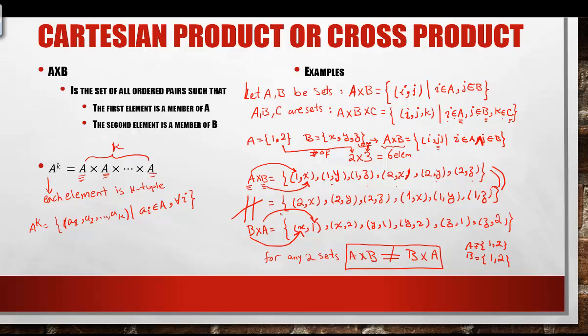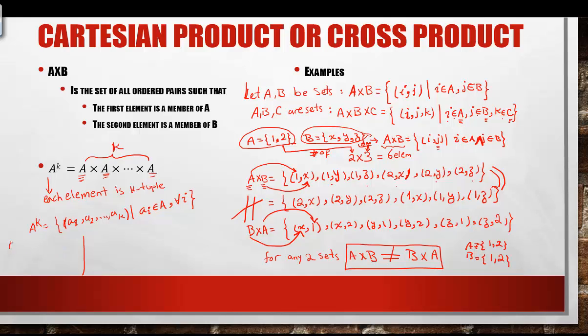Now, a simpler way to list the cross product of two sets is with a table. So in this case I had A being 1, 2 and B being x, y, z. If I wanted to show the cross product of A and B, I would basically draw a table.